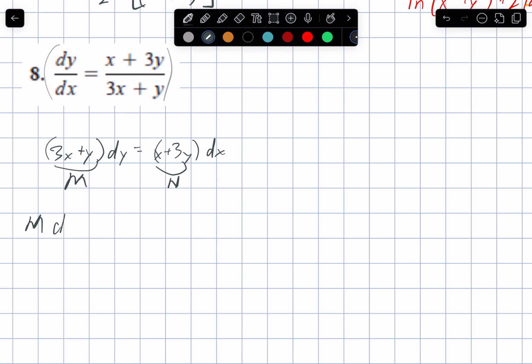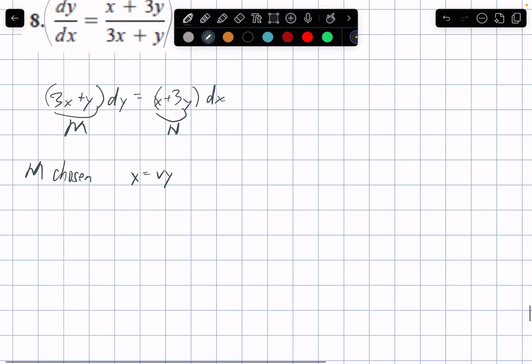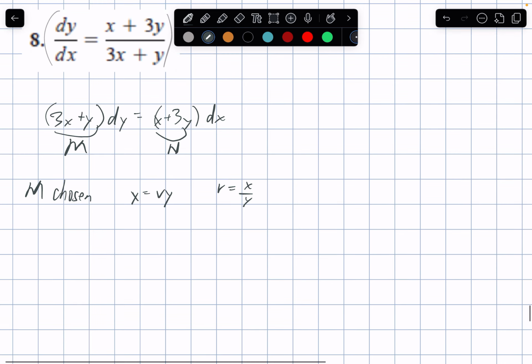Again, let's try m. So we're gonna use x equal to vy, x over y. v is equal to x over y. What now?